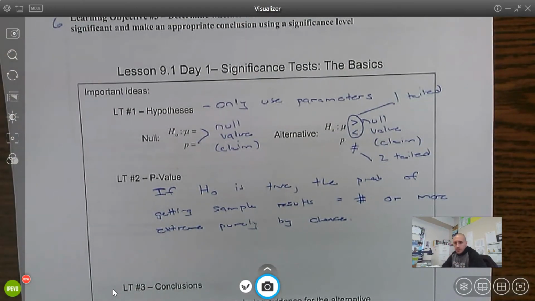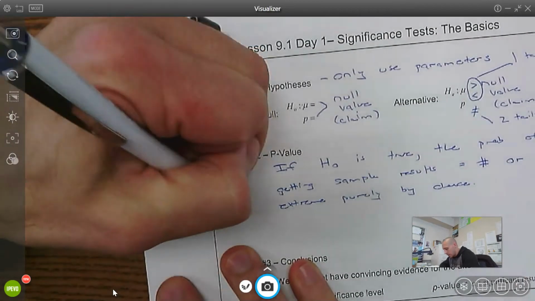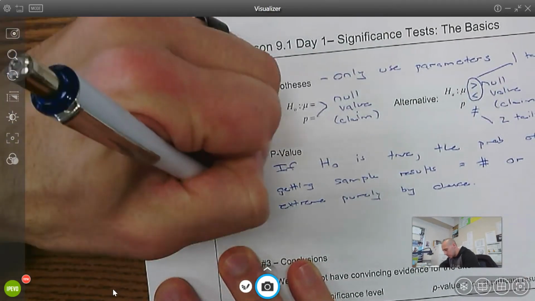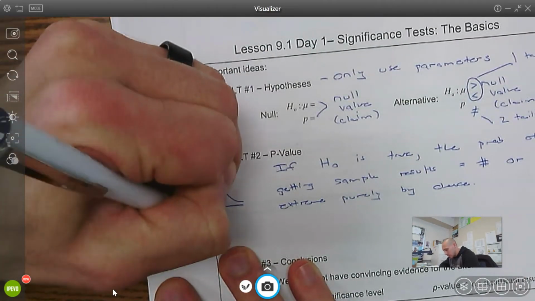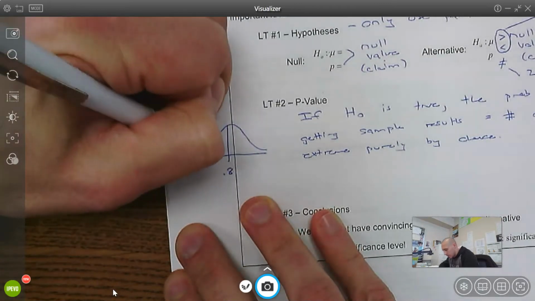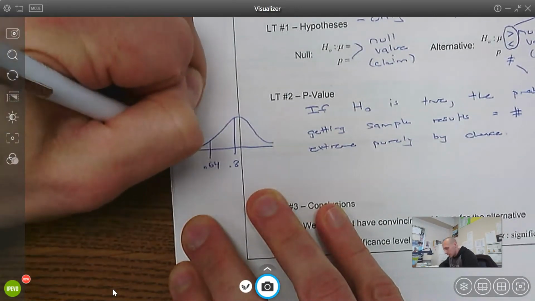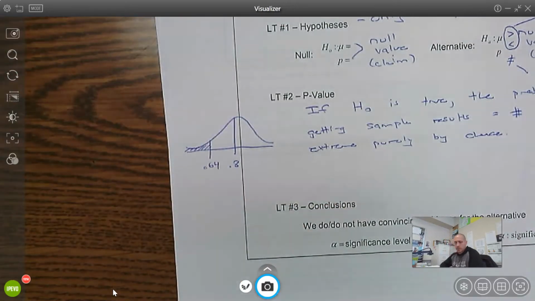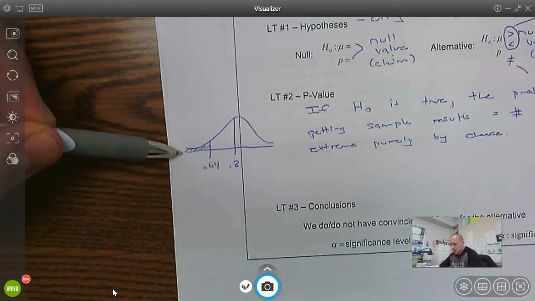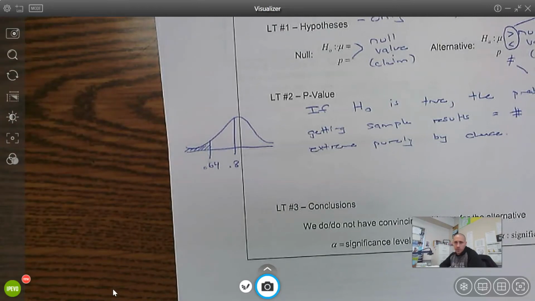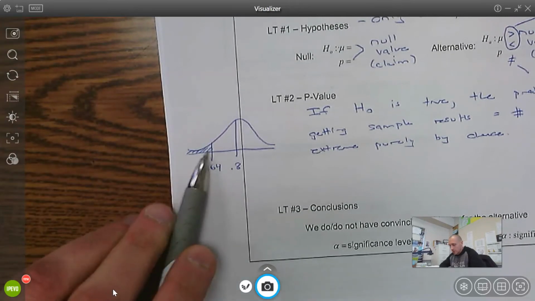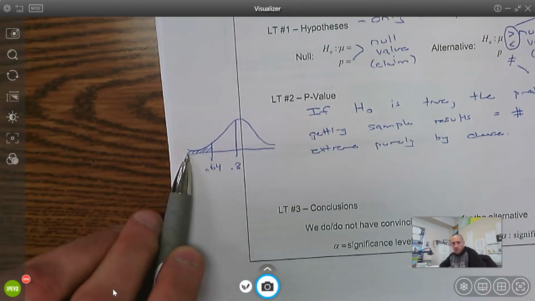So essentially what that means is, say you have a sampling distribution. All right, so the free throw question, there's 80%. The sample result was 64%. We want to know what's the likelihood that an 80% free throw shooter makes less than or equal to 64% of their shots. This is the more extreme part, further away from the mean.